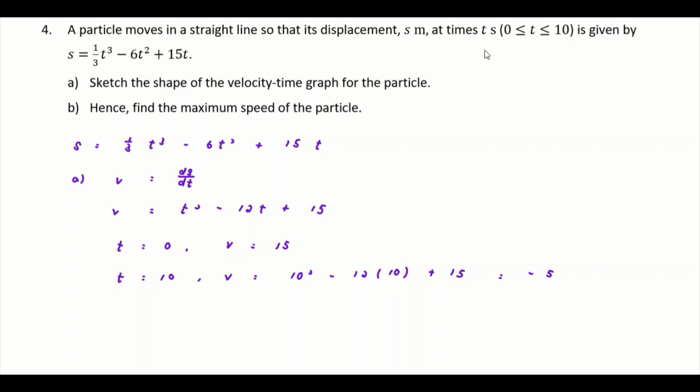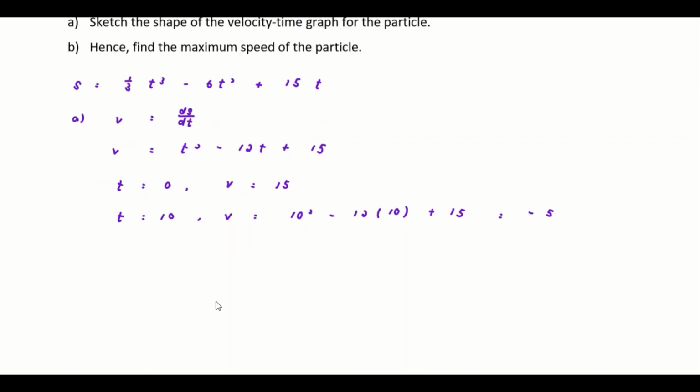Okay, so this is very important. After that, we might need to find out how many intersections we have on the x-axis, because this is quadratic. So when v equals 0, I have t squared minus 12t plus 15 equals 0. You can use your calculator to help you solve, and you will get a decimal number.